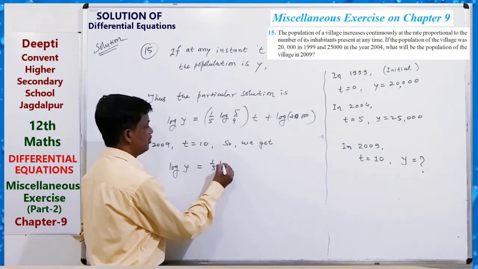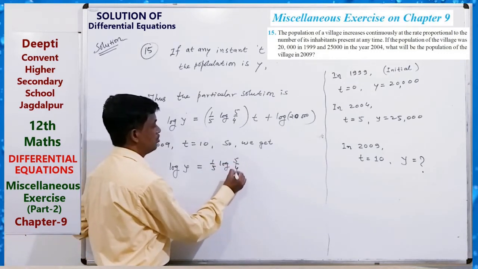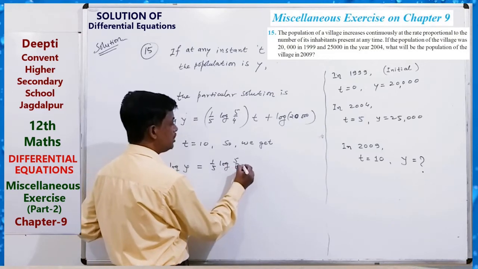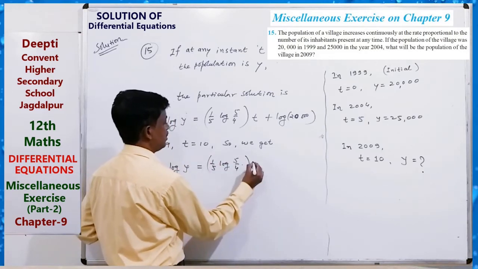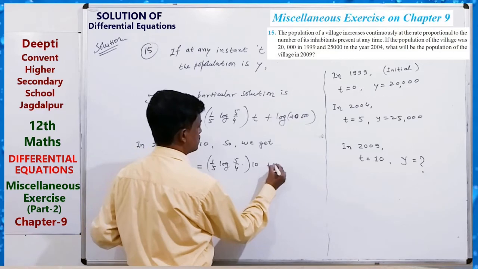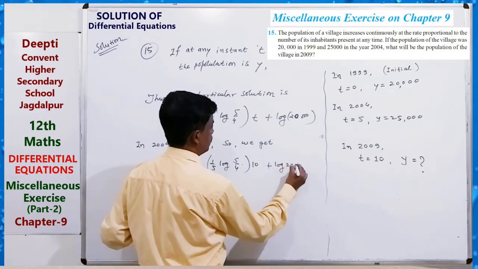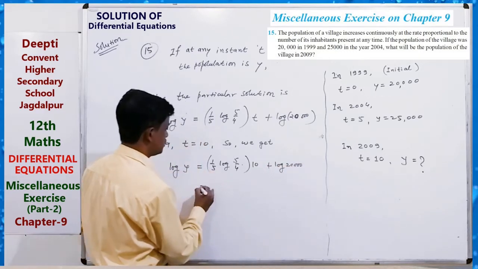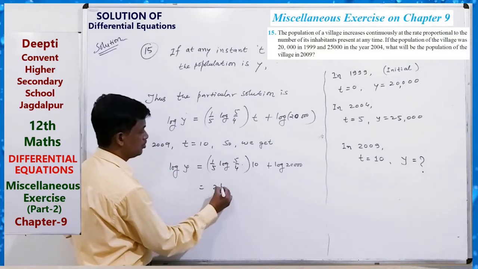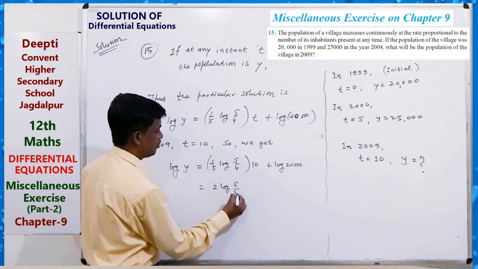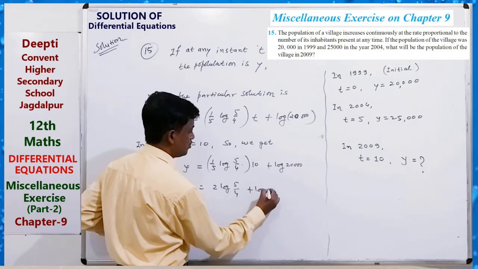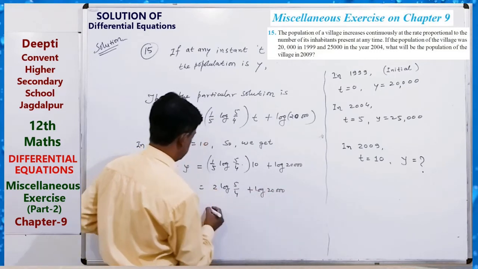Here 1 by 5 log 5 by 4 into t. T means what? 10. Plus log of 20,000. So here 10 by 5 means 2 log of 5 by 4 plus log of 20,000.